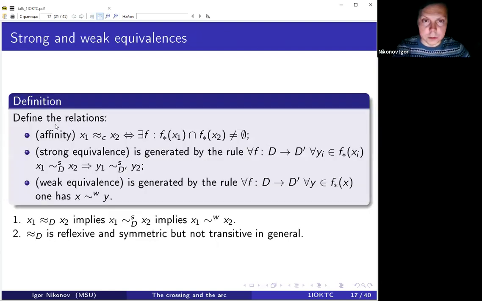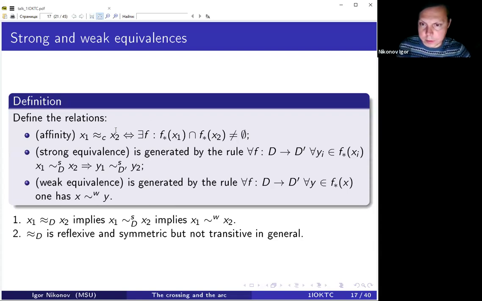So we have some functors, and then in order to define a universal invariant and co-invariant, we introduce the following relations. The first relation is affinity. If we have two diagram elements in one and the same diagram, we say they are affined if after some sequence of Reidemeister moves, these elements merge to one element.